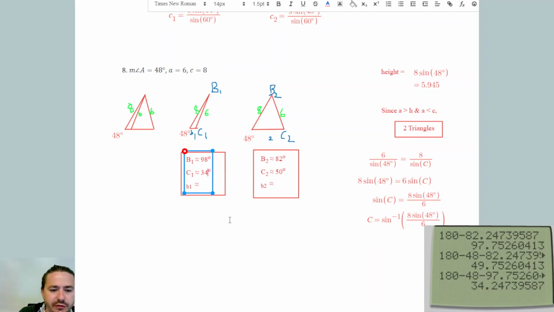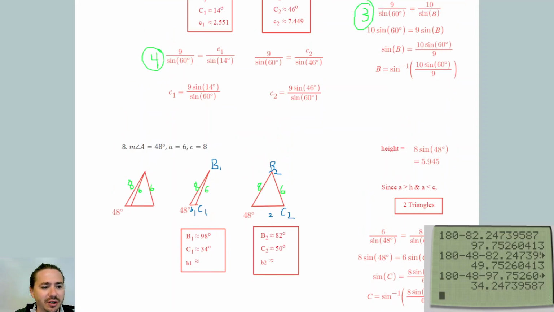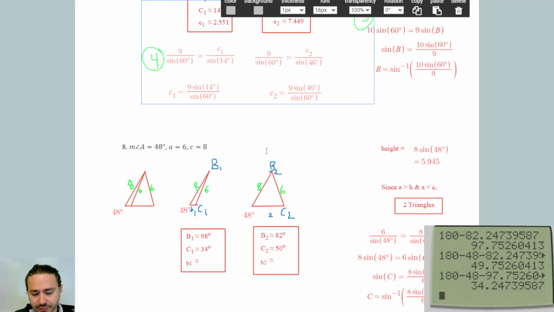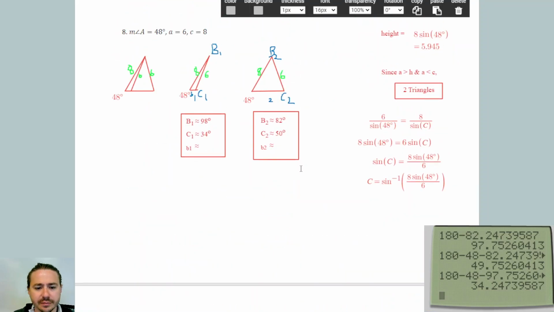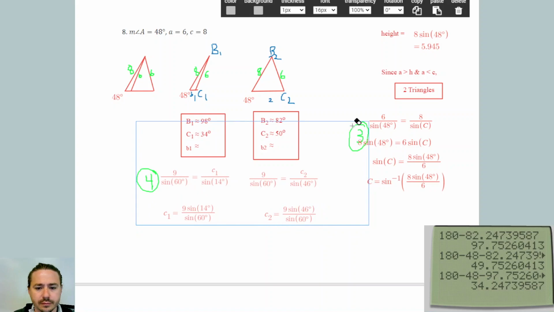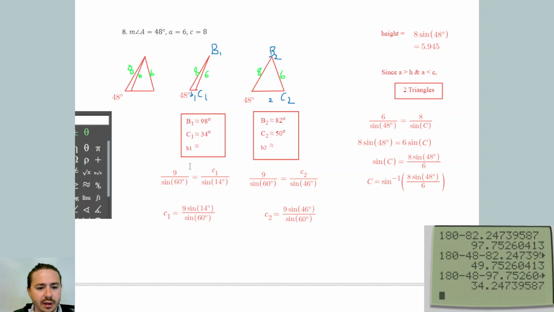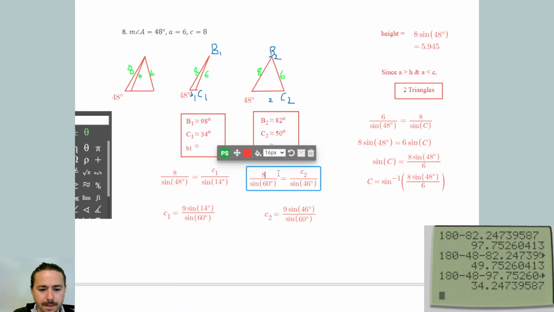The last thing to do here is to find the missing sides, which I would usually use the Pythagorean theorem for. I'm so used to using that all year long. But we're going to use the law of sines here to find those missing sides. For this first case, we can use the same one that we had before, which is the 8 over sine 48. We'll do that for both of these.